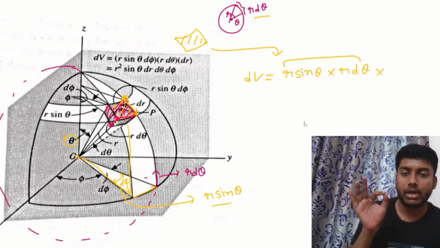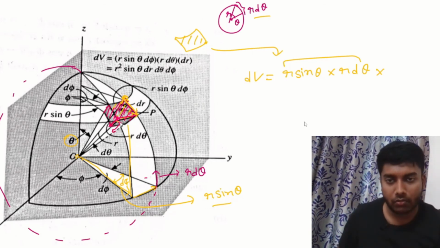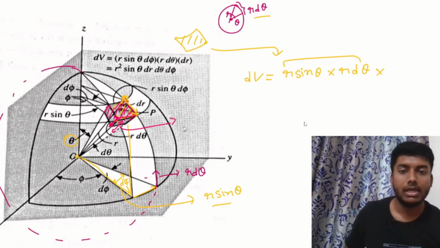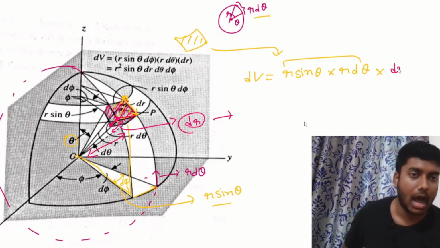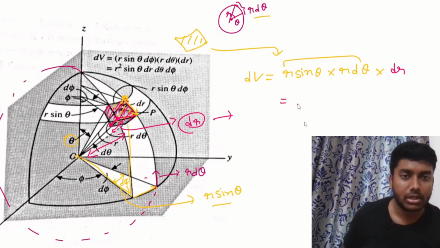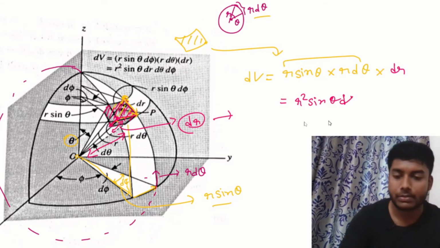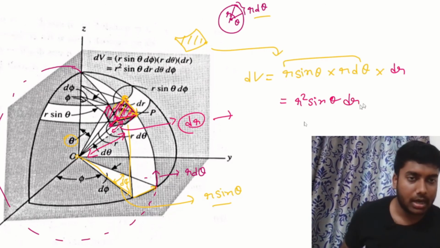Then what will be the value of this small width? The value of this width will be just dr, simply dr, as this is the radial vector, right? So we have to multiply it with dr. Then we'll come to the actual thing, r square sin theta dr d theta d phi.